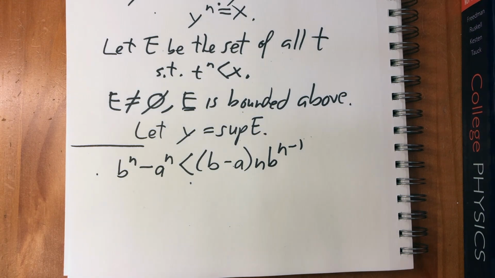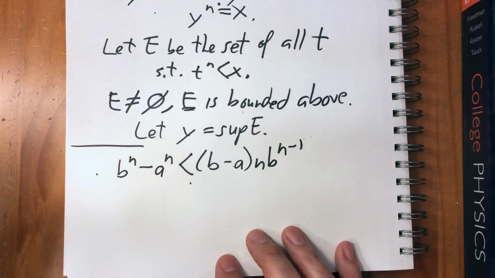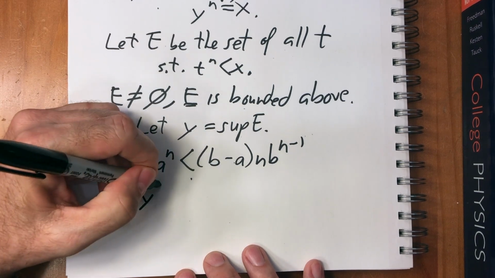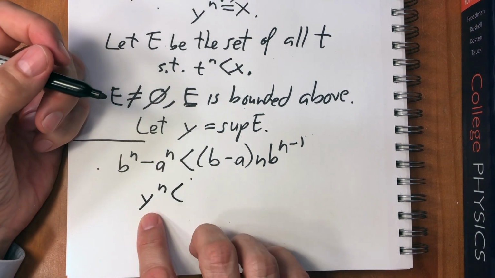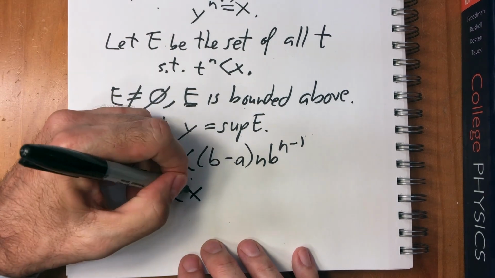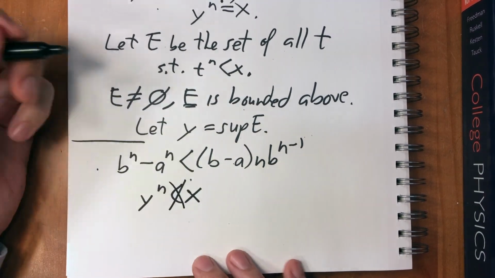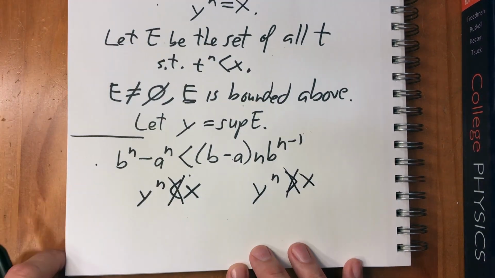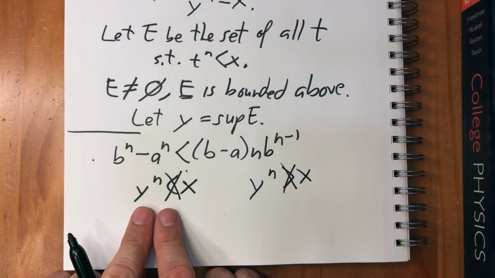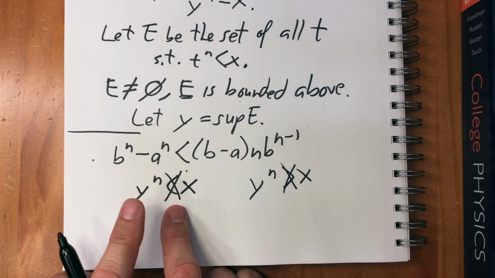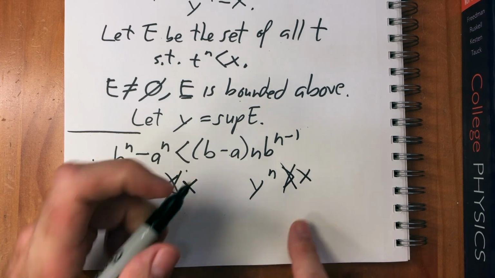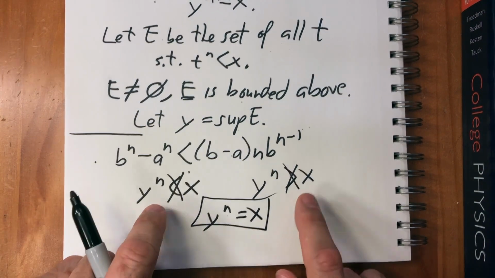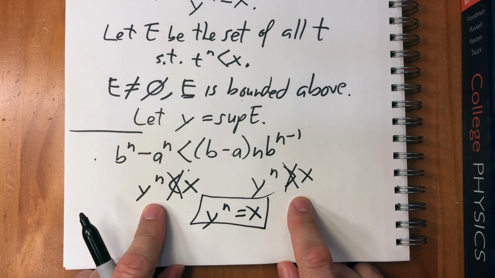So what we have left to do in this video is start by assuming that y to the n is less than x, prove that that's not possible, and then look at y to the n greater than x, and prove that that's not possible. If one thing is not less than another, and not greater than another, then the only thing left is that they are equal. So this is what we have to do today.